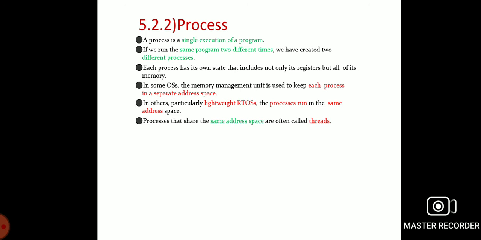In some operating systems, the memory management unit is used to keep each process in a separate address space. In other, particularly lightweight real-time operating systems, the processes run in the same address space, and processes that share the same address space are often called threads.